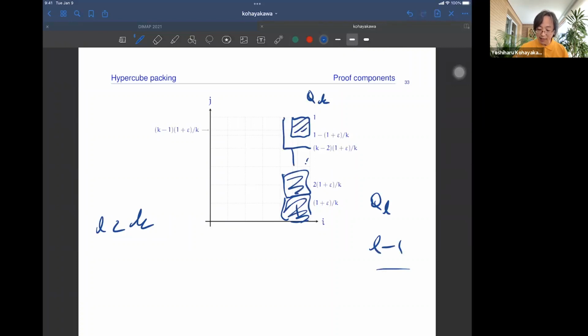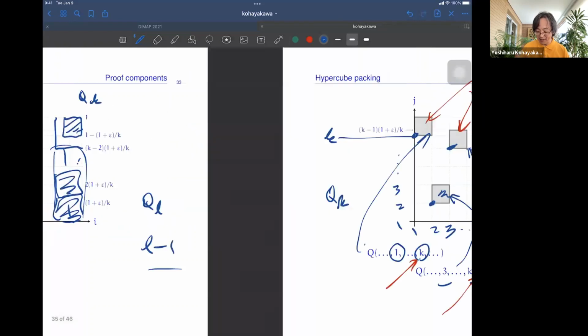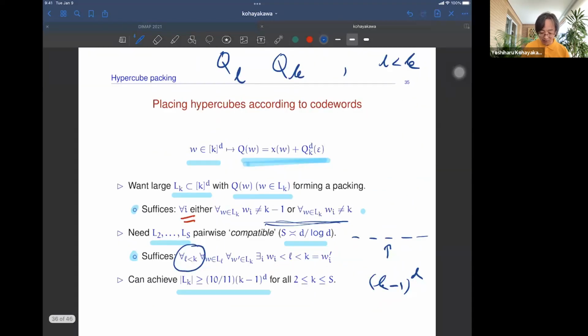So this QK here, which is really at the top, will be disjoint from the guys in the bottom. I'm not sure whether this made so much sense, but this is the combinatorial condition that you require. Now I'm running out of time. So now the game is to produce these LKs, large LKs.